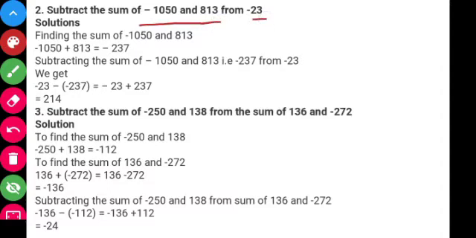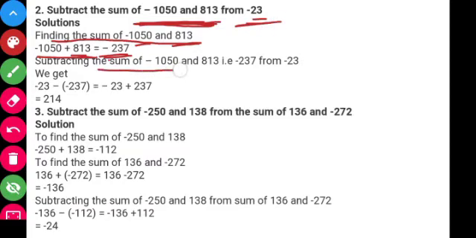First you find the sum of these two numbers, minus 1050 and 813. The sum of minus 1050 and 813 will be minus 237. Now subtracting this number, minus 237, from minus 23.